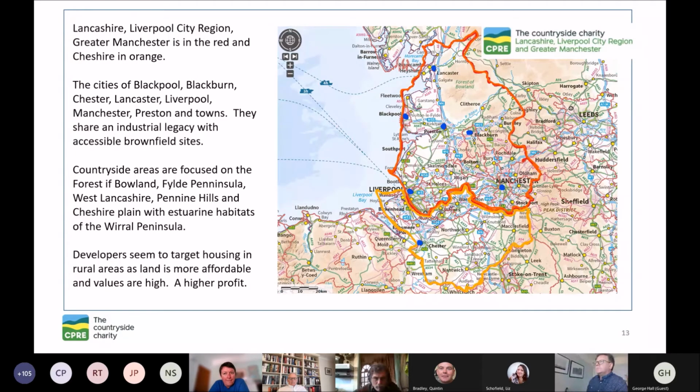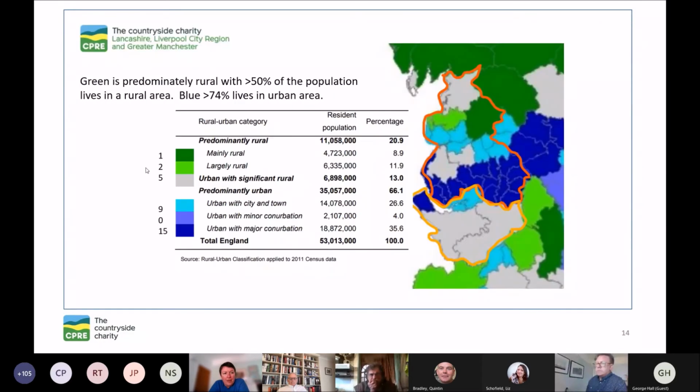So this slide here basically shows coloration of the same geography, showing which areas are rural and which are urban. You can see the dark blue strip, which basically goes from the west, where we have Liverpool, through to the central area of Greater Manchester.